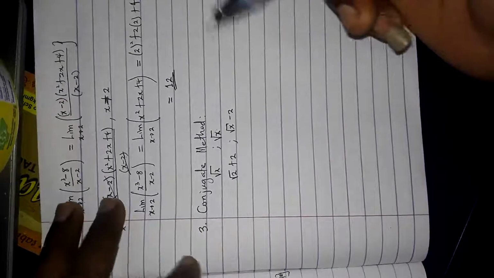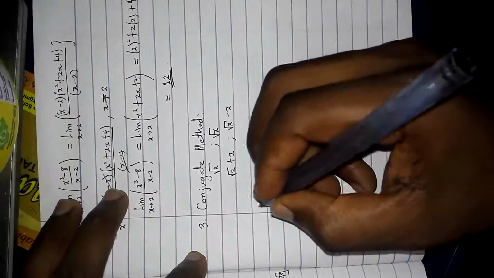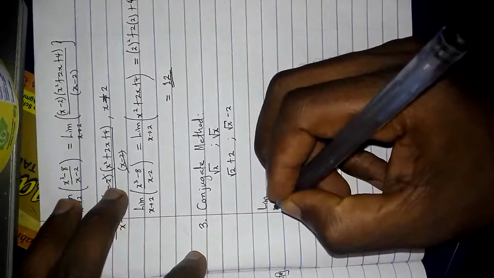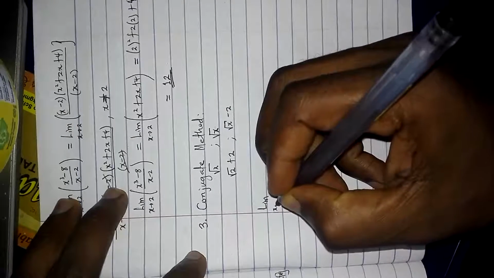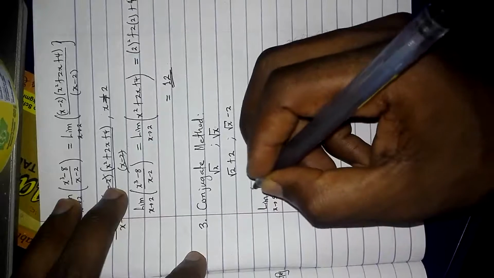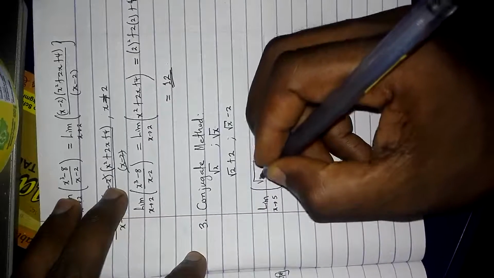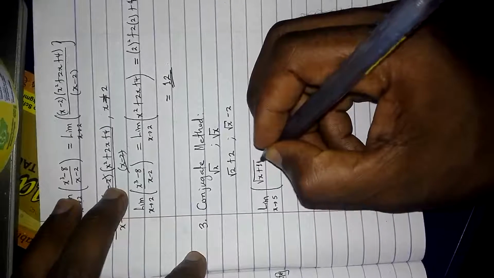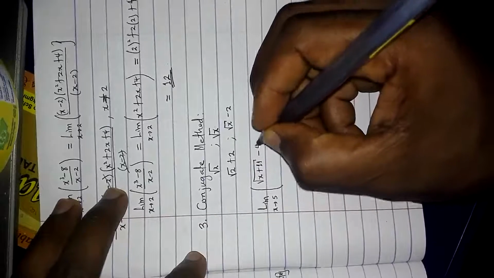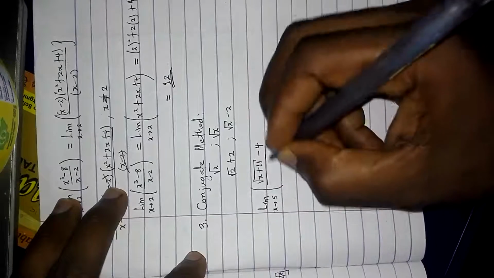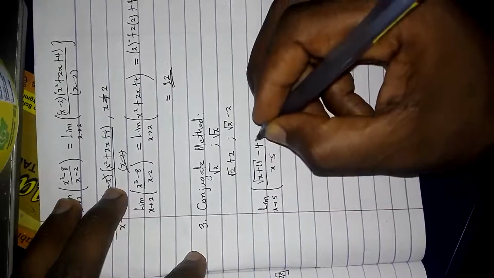For instance, if you have something like the limit as x approaches 5 of the square root of x plus 11, minus 4, divided by x minus 5.